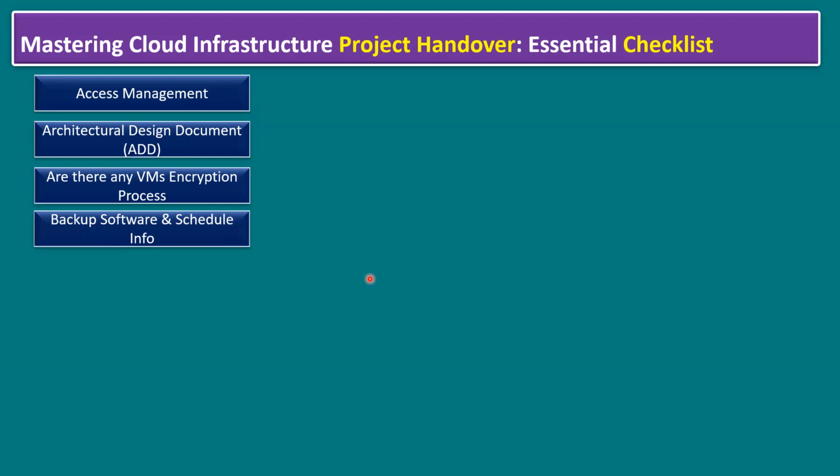So we should know about the backup software and what schedules we configured: the daily backup schedule, weekly schedule, monthly schedule, and quarterly schedule. We must have this information handy, because once the project handover is completed, we should be aware of all the backup software we are using and the schedule details.